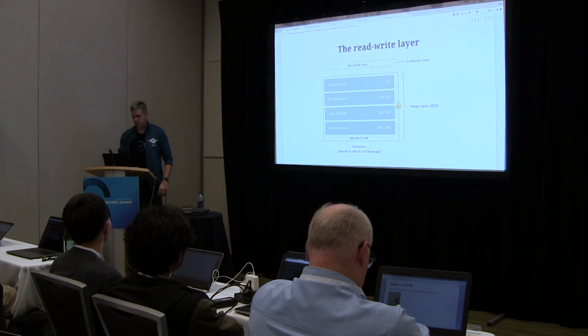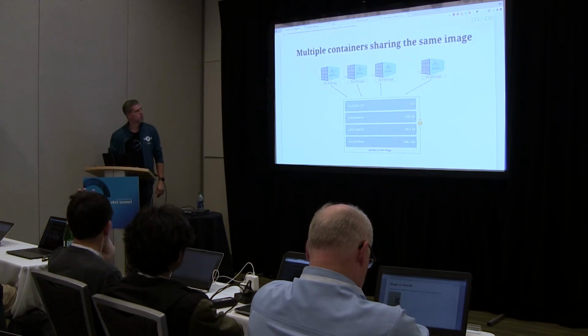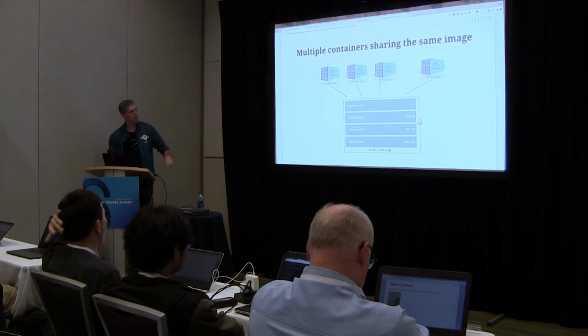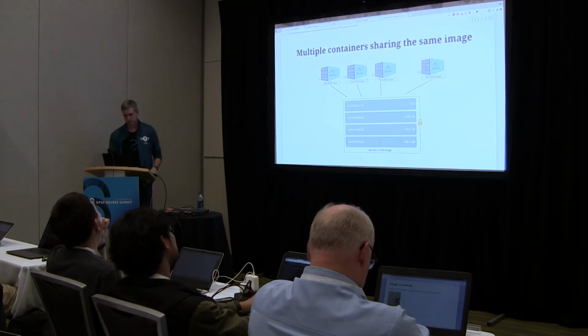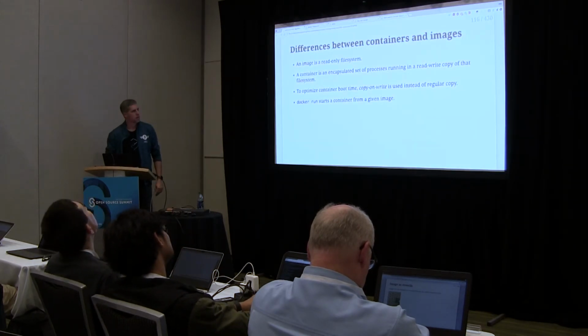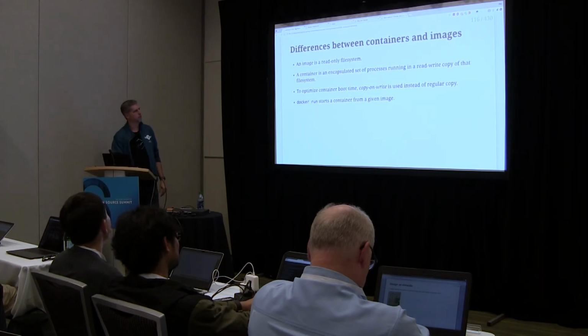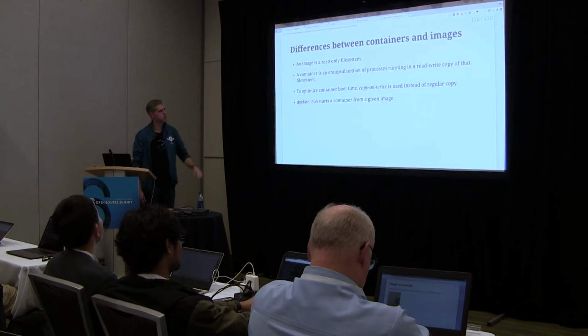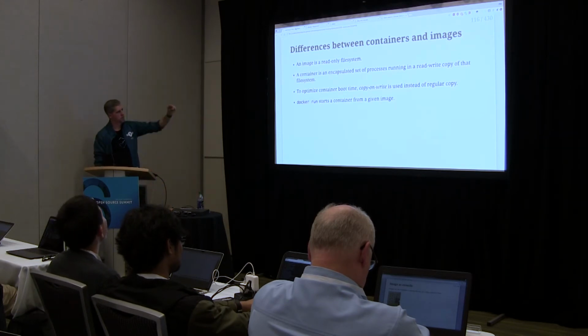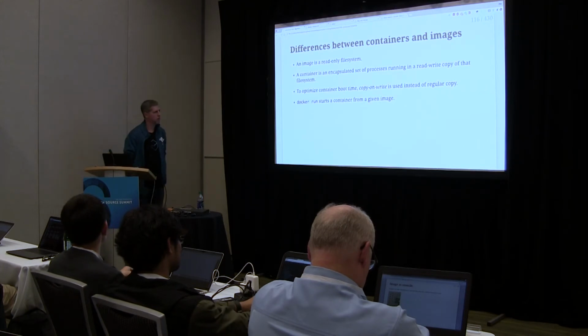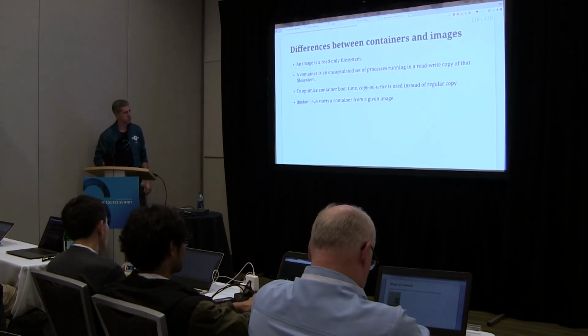And so again, that's probably as much as we have time to go into that concept. Again, each running container gets its own thin read-write layer. And so every container that's running has the read-only set of all the layers of the image, and then this read-write copy of that upper file system.